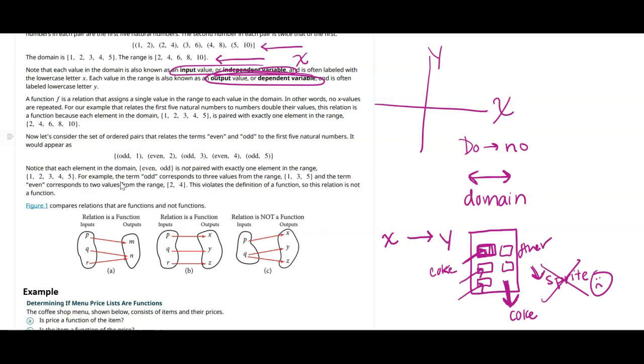We can use this analogy to look also at evens and odds. If I say that my domain is odd or even, and then I try to map that to the numbers 1, 2, 3, 4, and 5, when I press the odd button, I'm not quite sure what output I'm going to get.